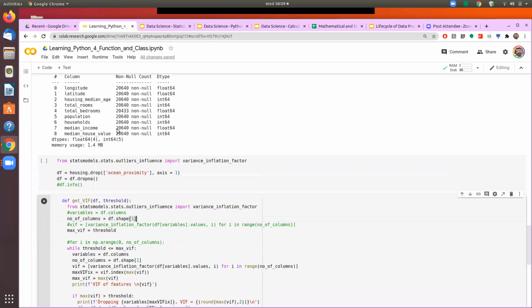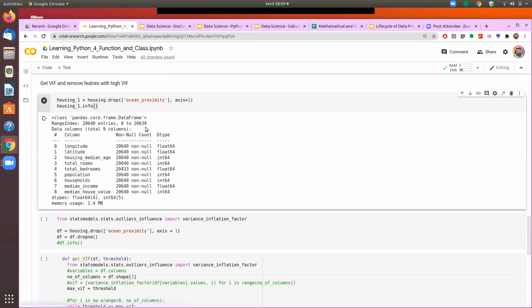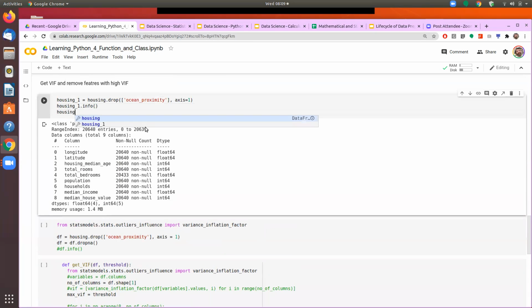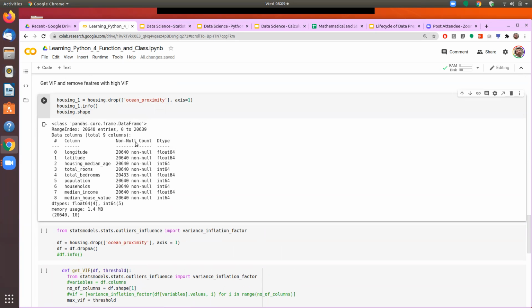So here, if you recall, let me type out here, housing.shape. And then if we print here, you see we get two values. The first one represents the number of rows, the second one represents the number of columns. So the index value of this is 0, and the index value of this is 1.